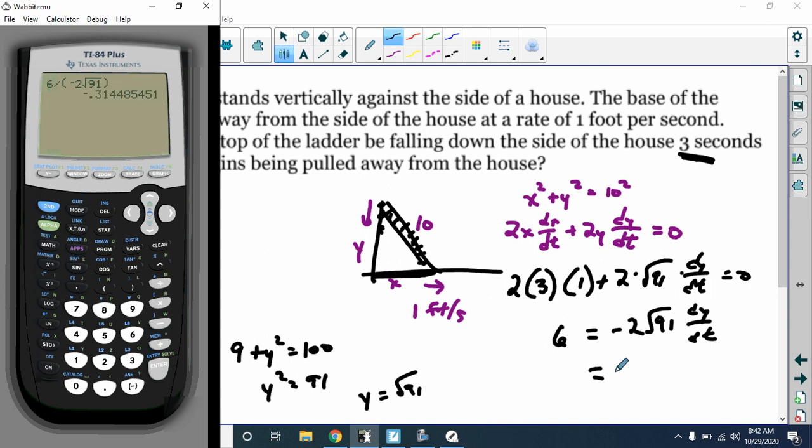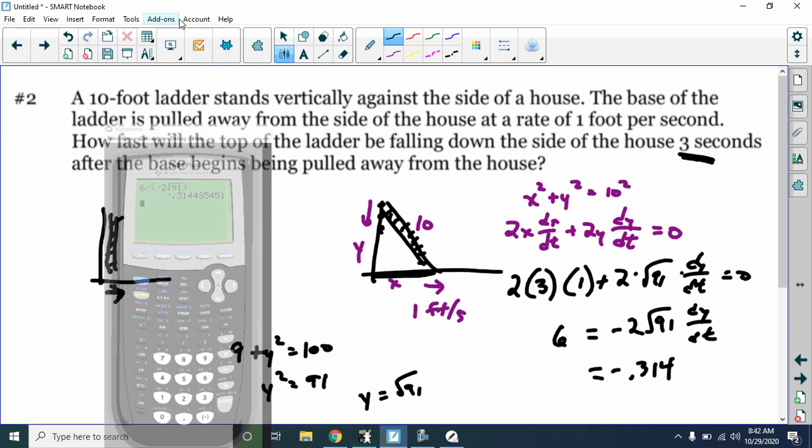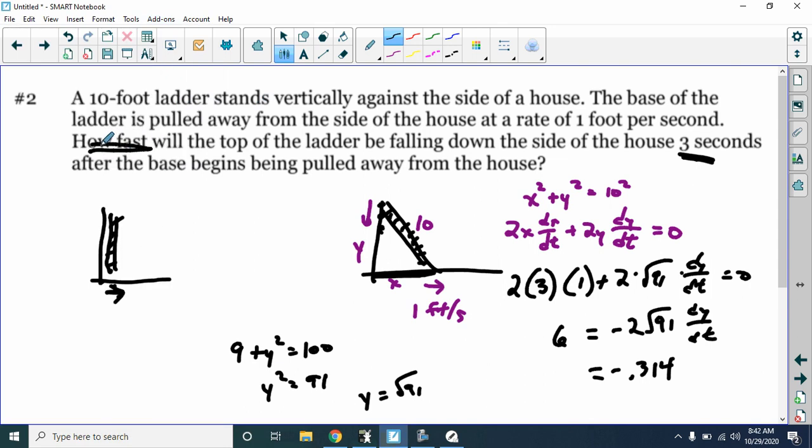We get negative because this side is decreasing in length, 0.314. We round to 3 decimal places. Question asked how fast something is moving, so we usually report the positive value, 0.314 units are feet per second.